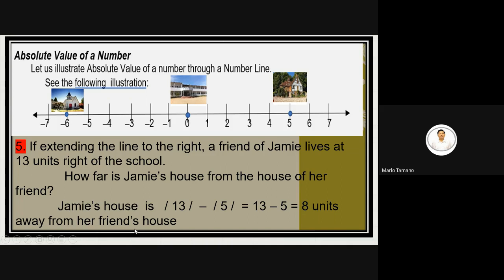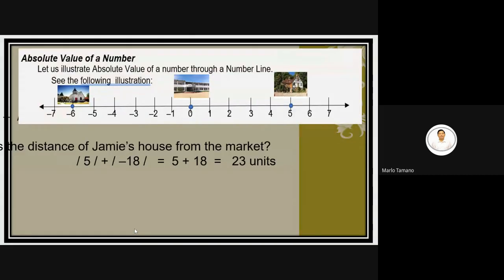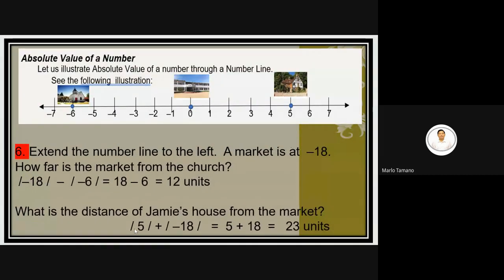Okay. Next, number 6. Another example we have here. Extend the number line to the left. We extend it, dugtungan lang natin, imaginary, it's only in our mind. A market is at negative 18.